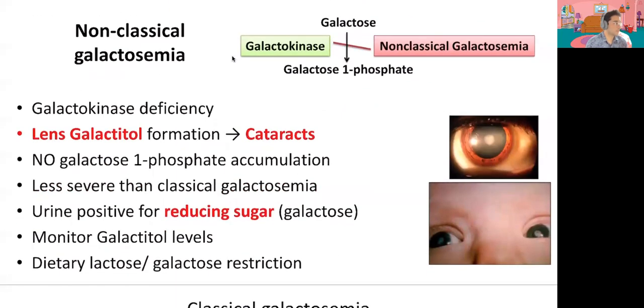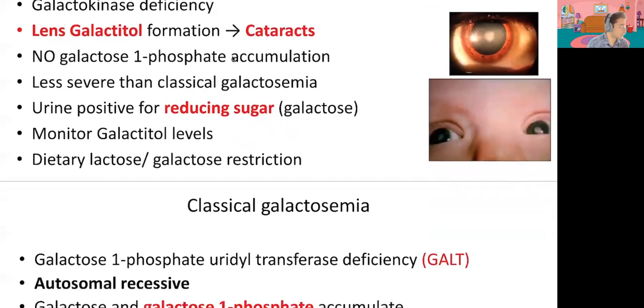Non-classical galactosemia: you're deficient in galactokinase. In the lens, galactose gets converted into galactitol, a sugar alcohol, which then leads to cataracts. It's not too bad, because you just have to restrict the baby's diet of milk and other stuff. You can't even give them lactose or lactate, and it wouldn't really do anything.